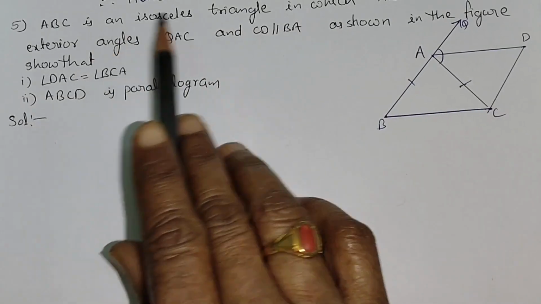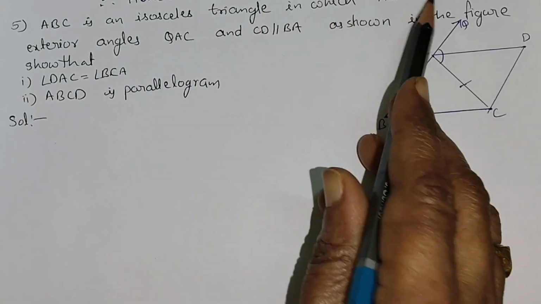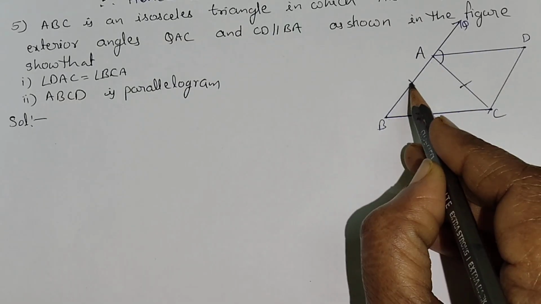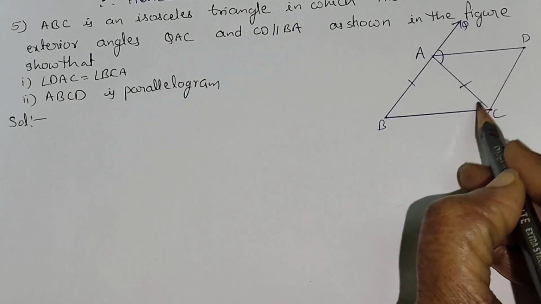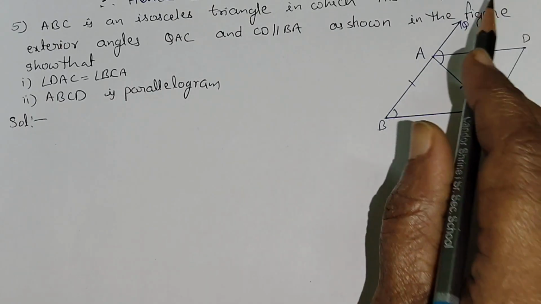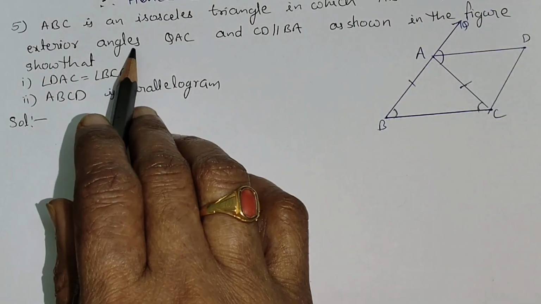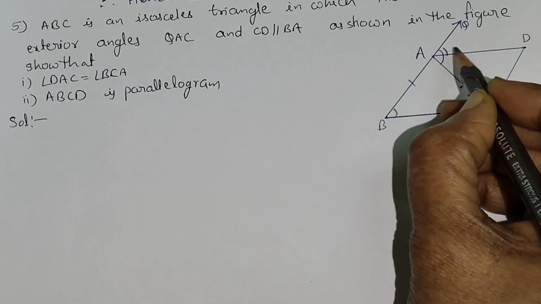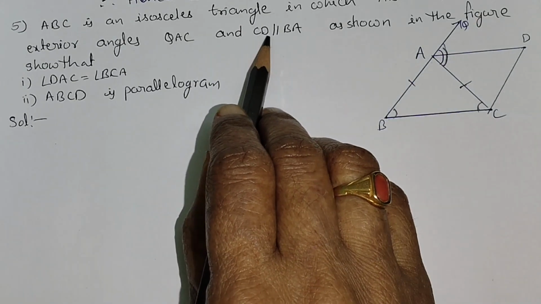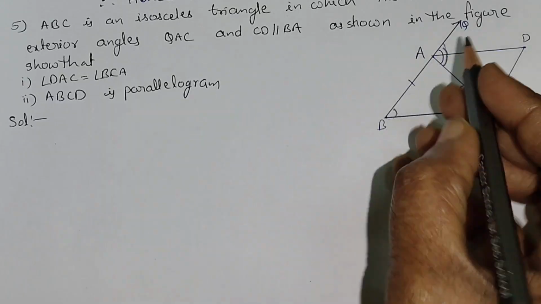In this question, ABC is an isosceles triangle in which AB equals AC. These two sides are equal, so the angles opposite the equal sides are also equal. AD bisects the exterior angle QAC, so these two angles are equal, and CD is parallel to BA.